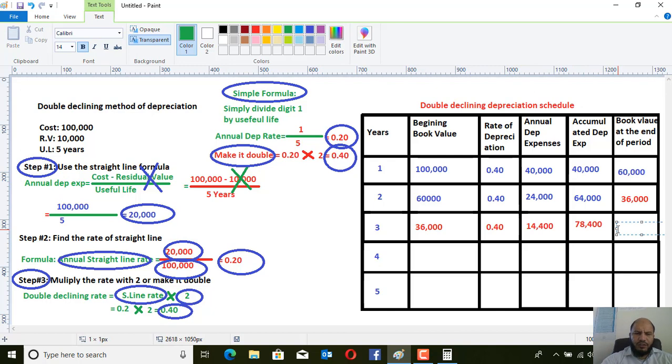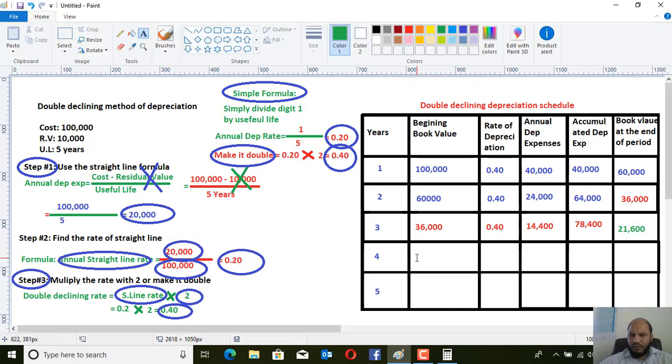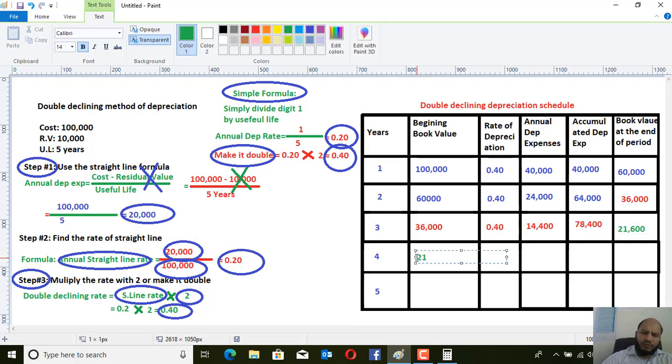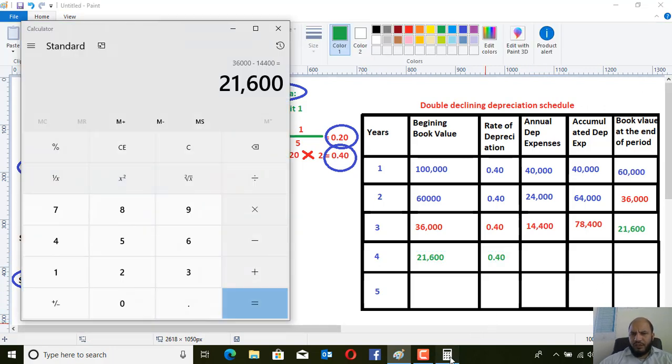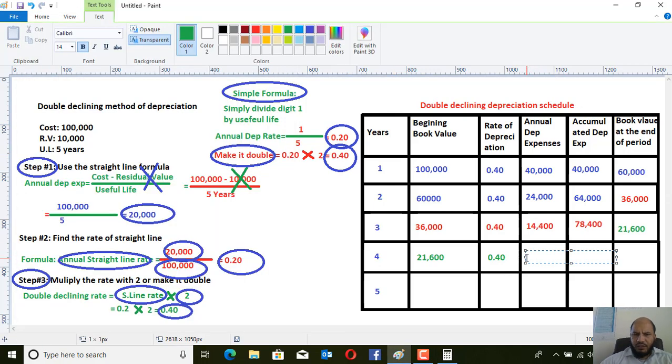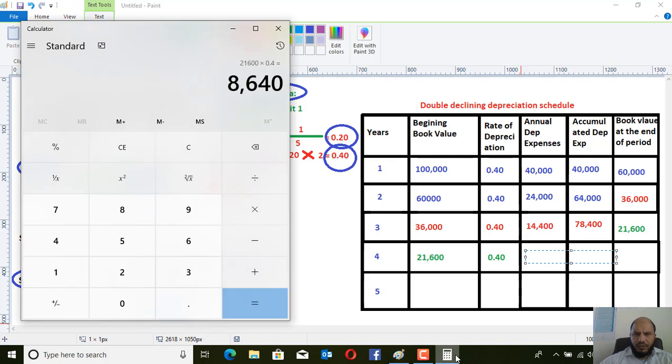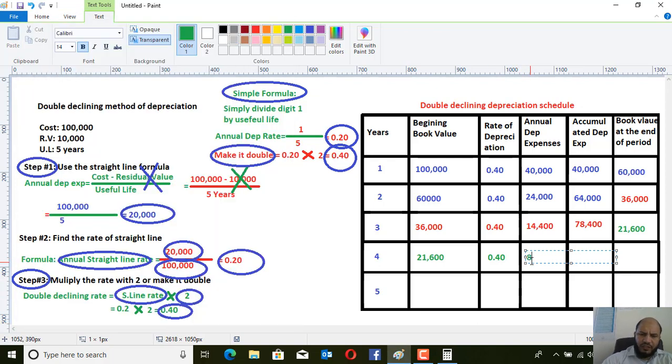We'll write down 21,600 over here. 21,600 is the next year's beginning value, and we will multiply this with 0.40, the rate of depreciation. So it is equal to 8,640.